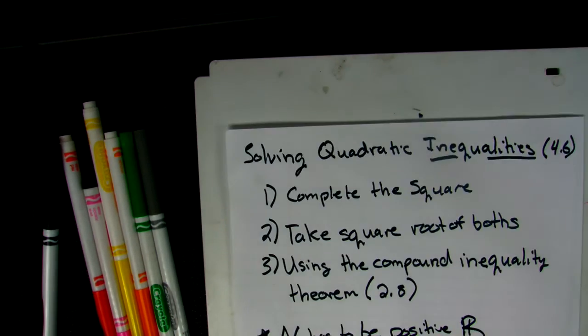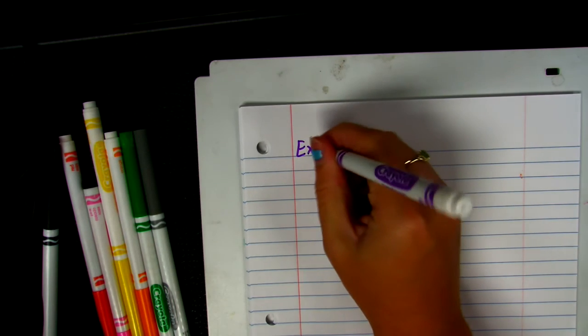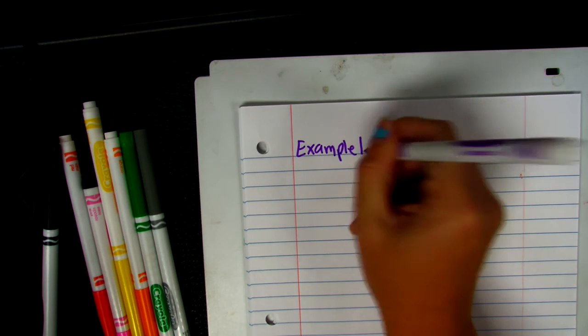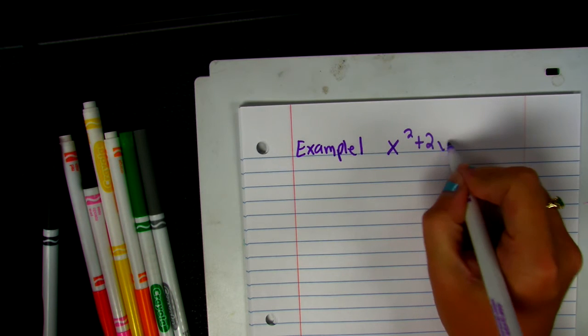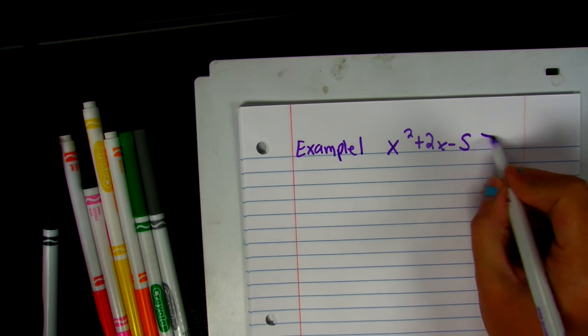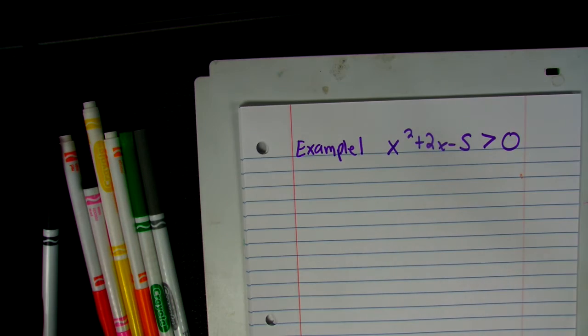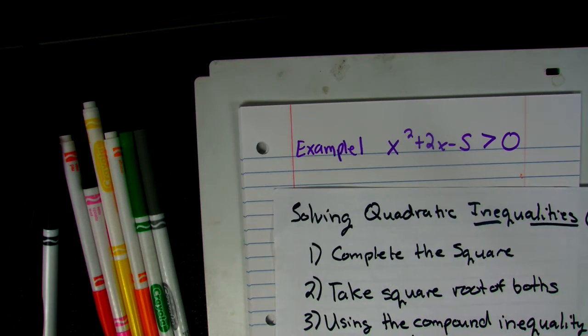I'm going to keep this handy as we look at example 1, which says solve x squared plus 2x minus 5 is greater than 0. Step 1, remember, is complete the square.